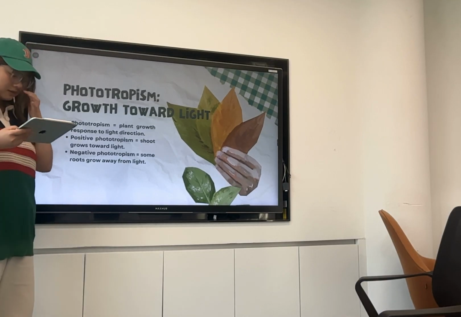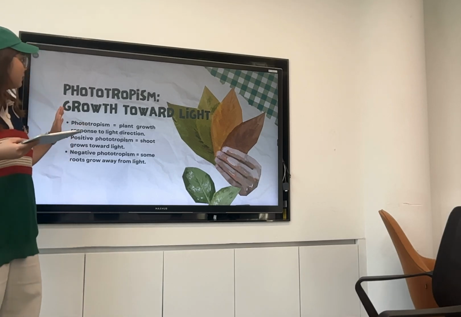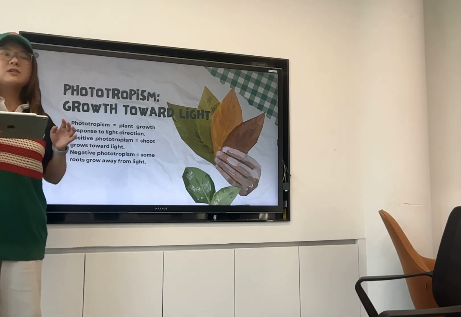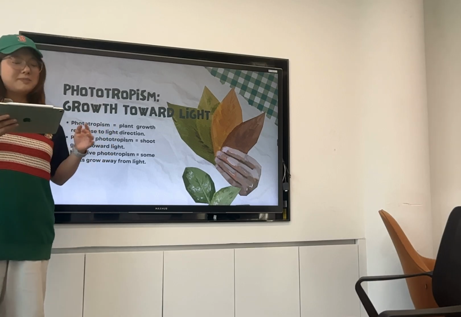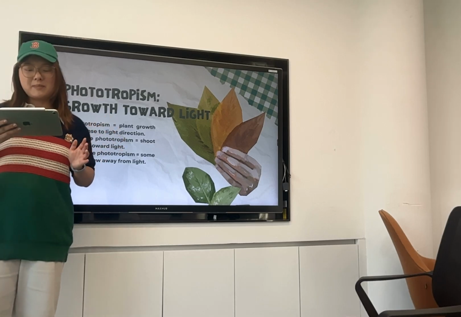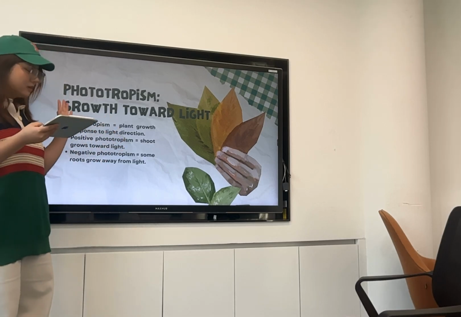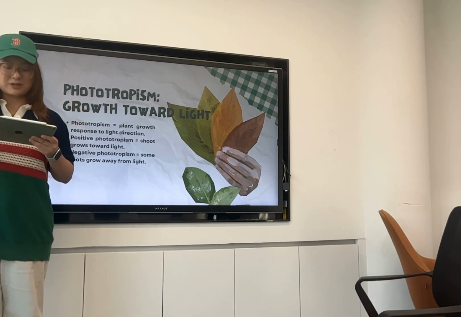Okay, so then we can introduce a new word, phototropism. Photo means light, as in photosynthesis, and tropism means a growth response towards or away from a stimulus. So phototropism means plants grow in response to light direction.